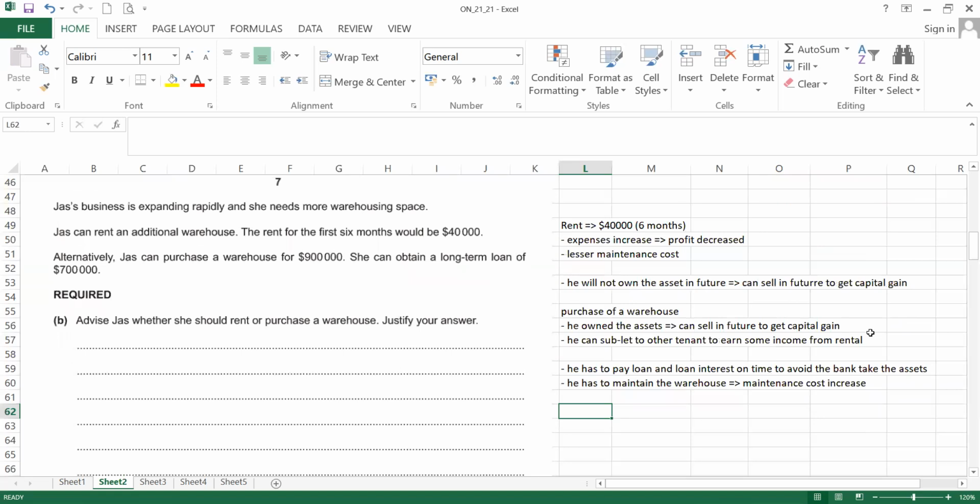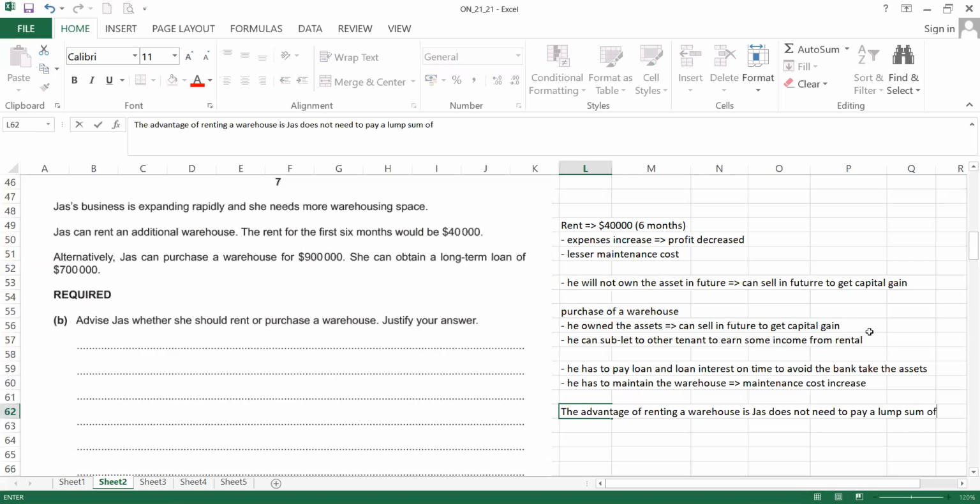Okay, here we will say that the advantage of renting a warehouse is Jess does not need to pay a lump sum of 200,000, which may affect its cash flow.